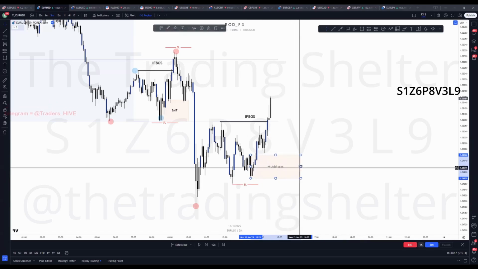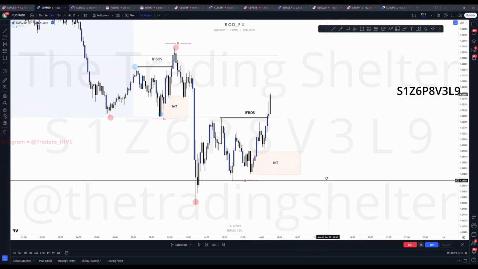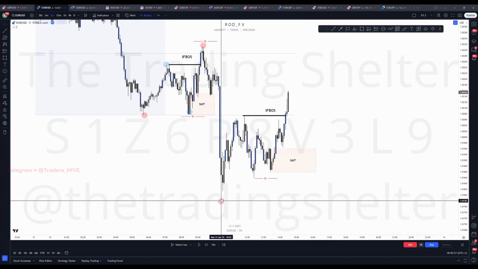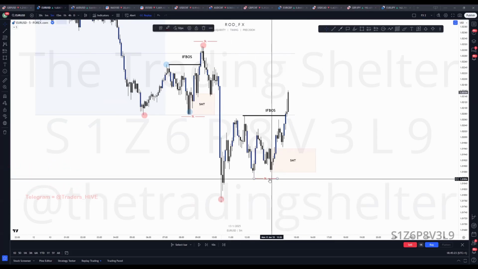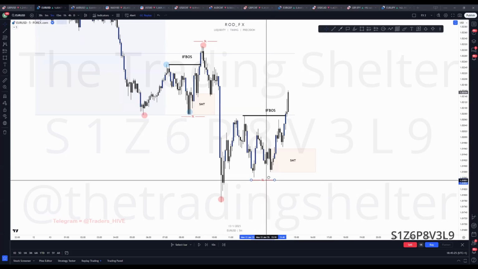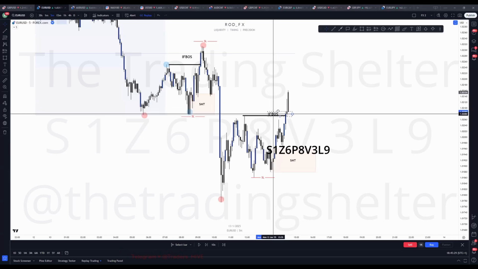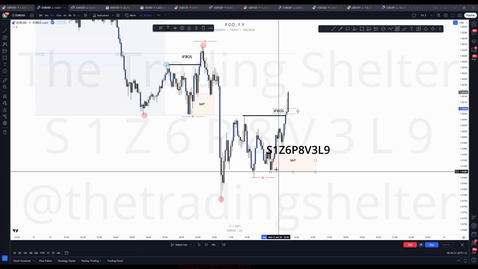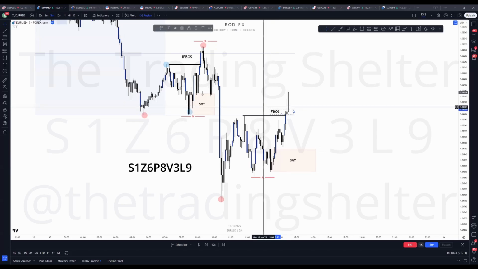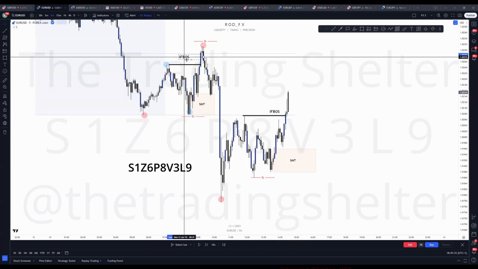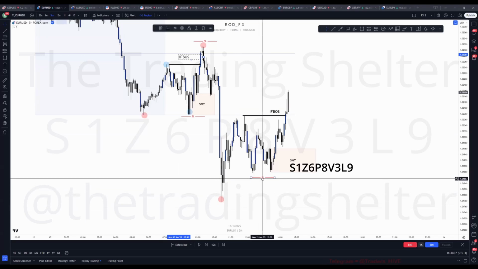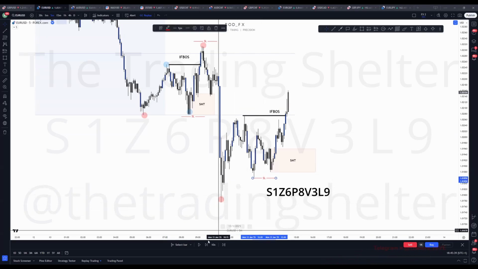There is no liquidity here. Remember, the liquidity is engineered at the reaction and not at the structural shift, because this is the same thing as this. It's the first buy, so most likely there's no breakout traders entering.